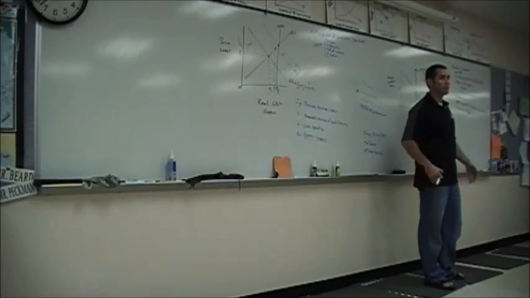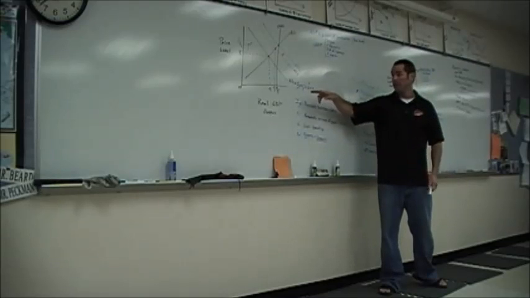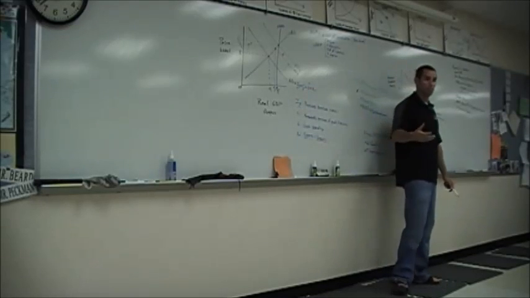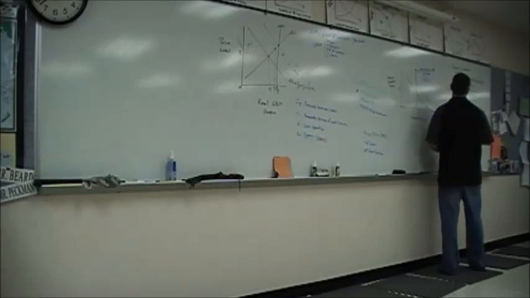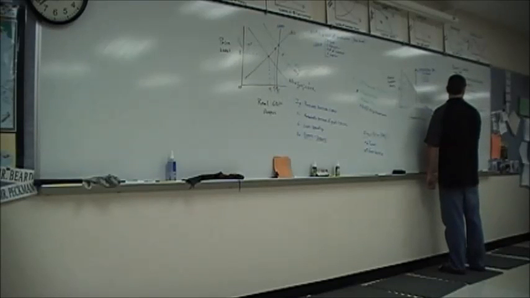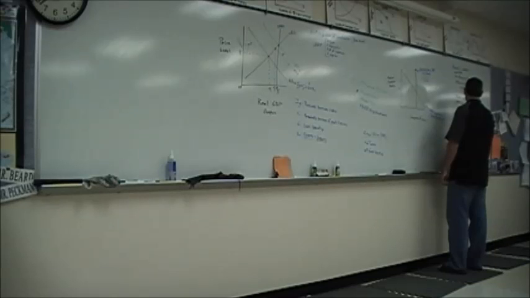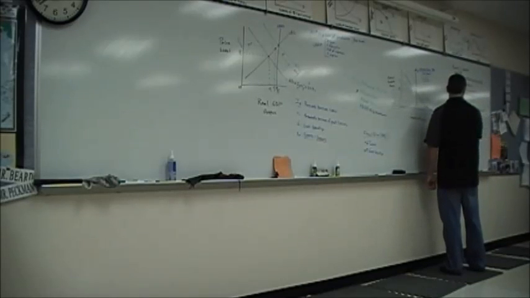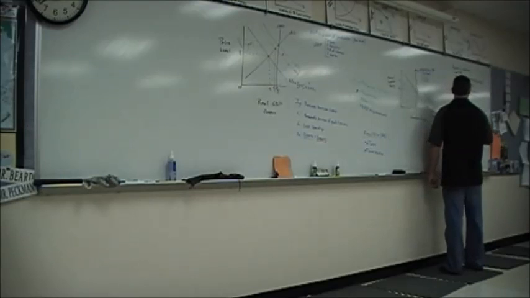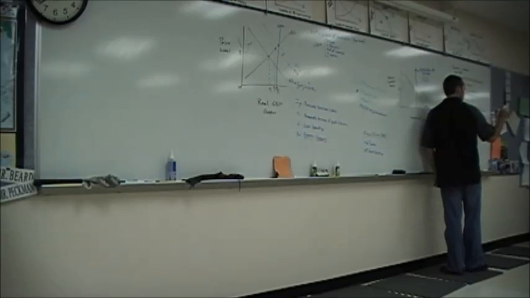If it's more expensive to borrow money, you'll see that businesses will invest less, households will purchase less products. So there will be a decrease in businesses borrowing money. There'll be a decrease in households borrowing money. So there'll be a decrease in I sub G and C. So this will bring down aggregate demand. But it's only going to bring it down a little bit.